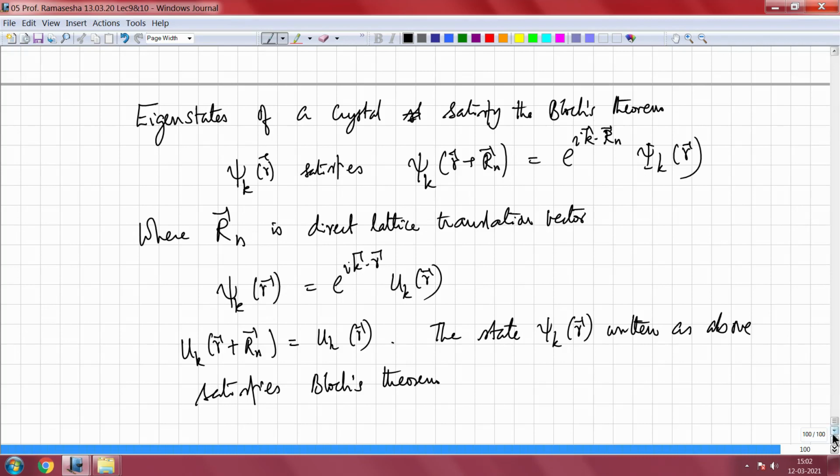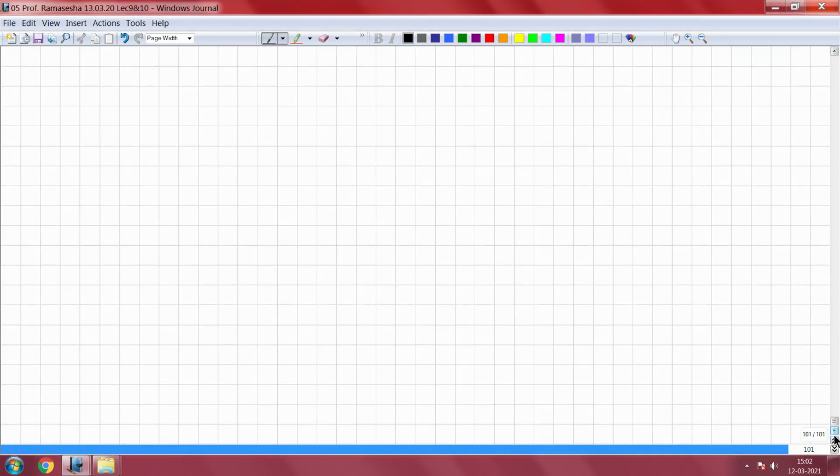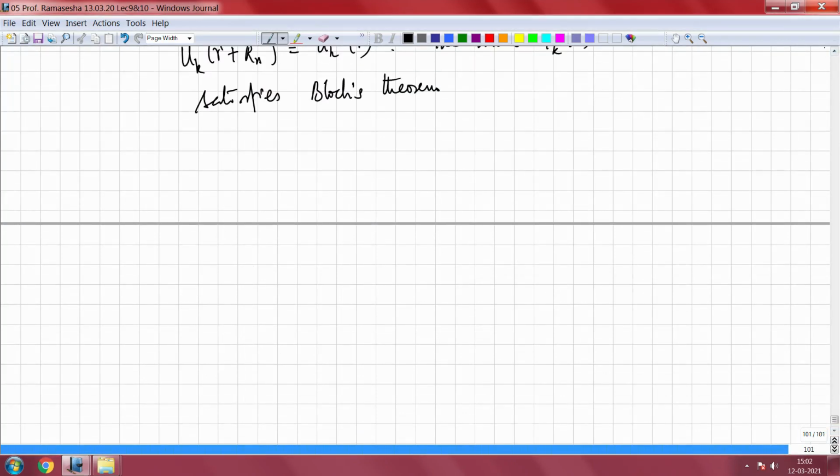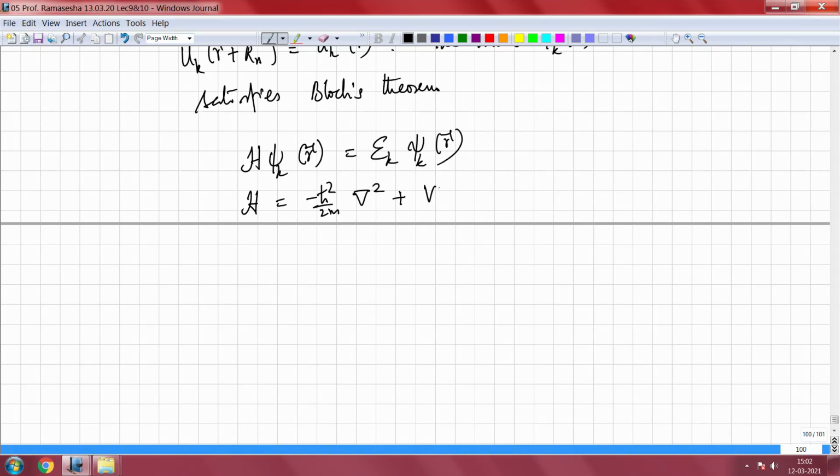Now, when we are doing energy band calculation, we are solving the problem H psi k of r is equal to E k psi k of r, where H is equal to minus h cross squared by 2m del squared plus V of r.